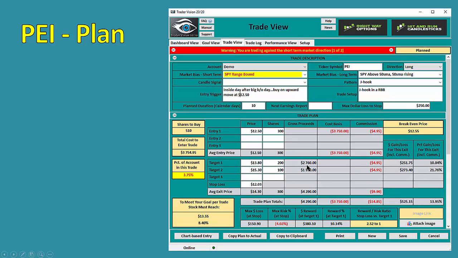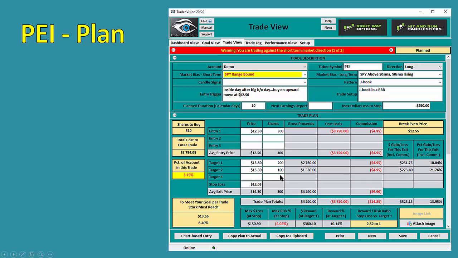Well, at my first target, I can get that 10% that I was looking for, but I can't get the $300 without making a much larger sale at that first level. So I'm going to plan this trade out to only take 250 at the first target, and let the last 100 shares run up to get that full 20, almost 22%.